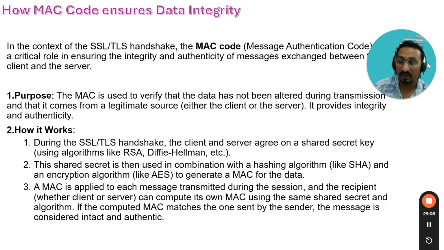This secret key is then used in combination with a hashing algorithm and encryption algorithm to generate a MAC code for the data. When the client sends the data to the server, it generates a MAC code using the data, and along with the request shares this MAC code with the server.